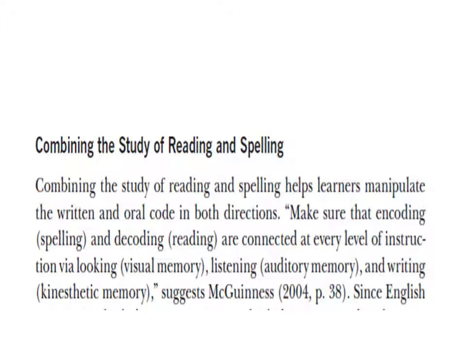We have the idea of encoding, which is represented by spelling, understanding the spelling of the word. And this understanding will appear in decoding when we produce the word, when we read it aloud. So spelling and reading are known as encoding and decoding, which are connected.